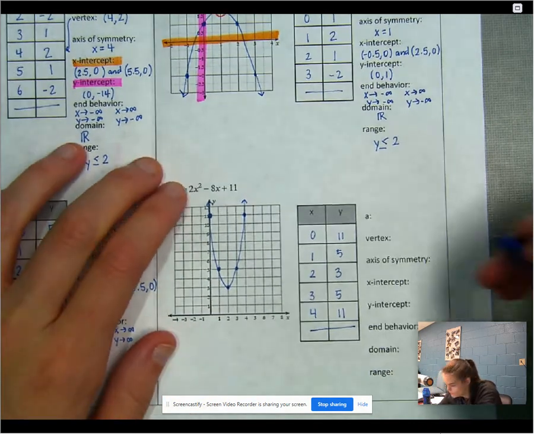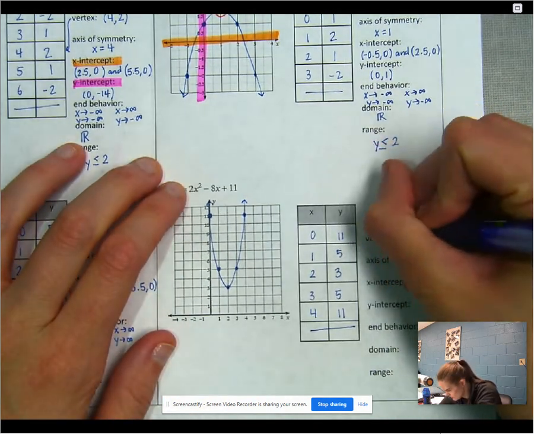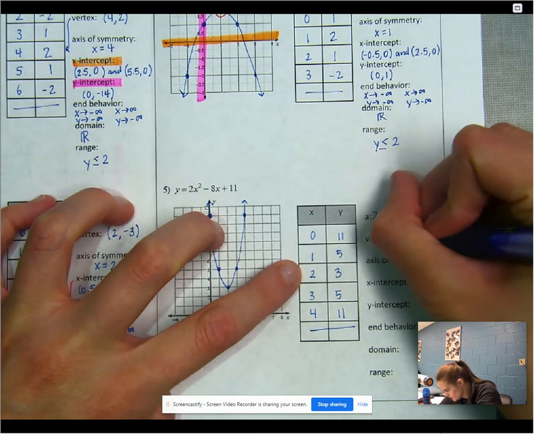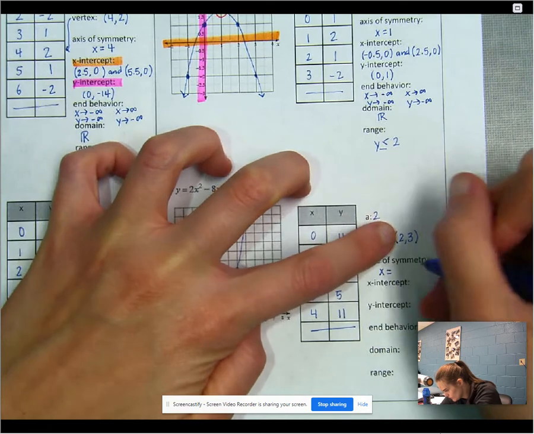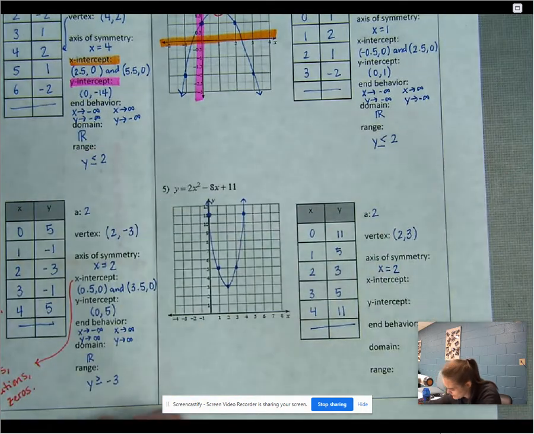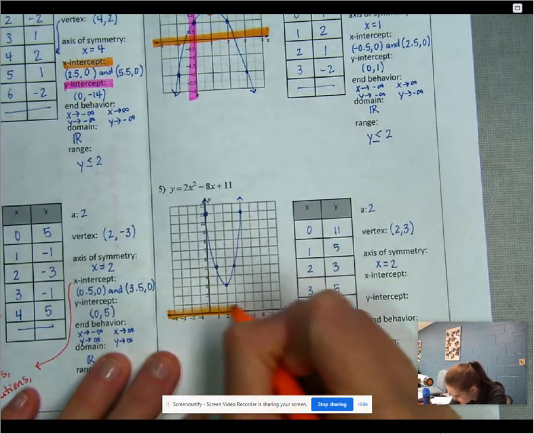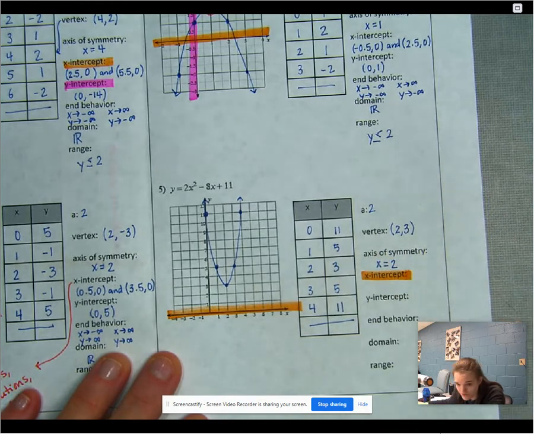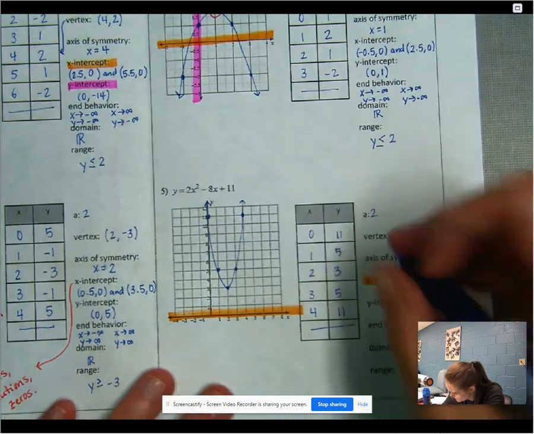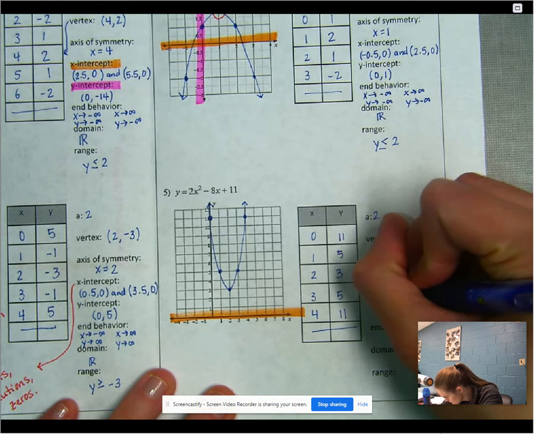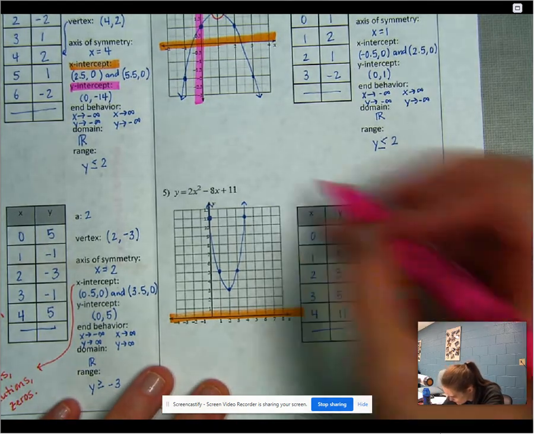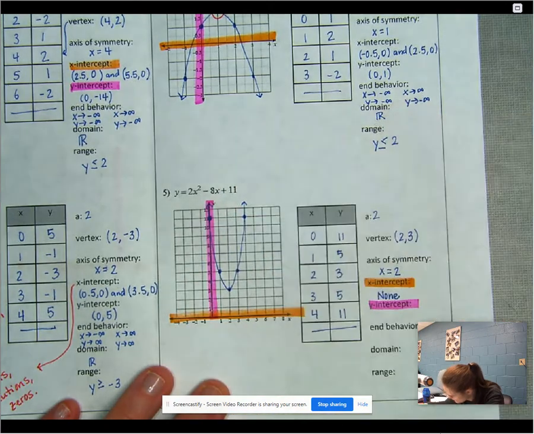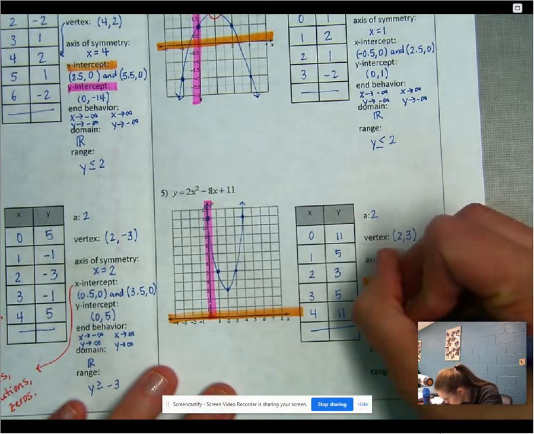A is 2. The vertex is 2, 3. The axis of symmetry is x equals 2. The x-intercept, it does not cross the x-axis this time, so it is none. Remember, don't leave that blank. The y-intercept is 0, 11.